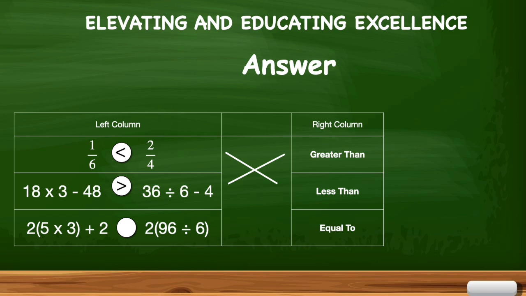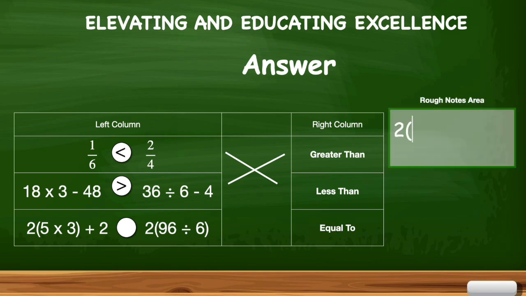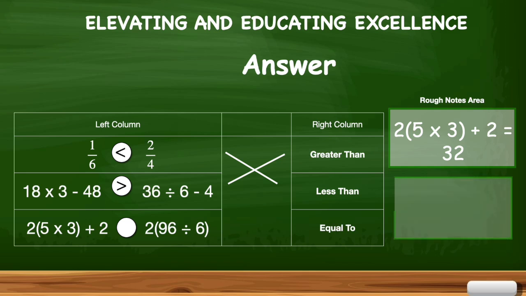We're going to do the last row, and let's draw a rough box. And in that rough box, we're going to write 2, open bracket, 5 times 3, close bracket, plus 2 equals 32. So let's draw a rough box. In that rough box, we're going to do the other question.